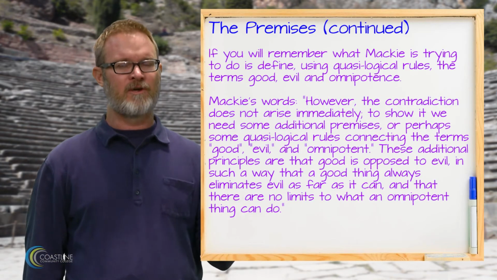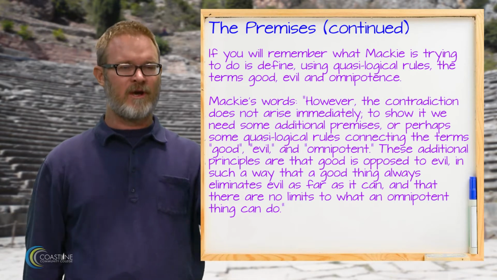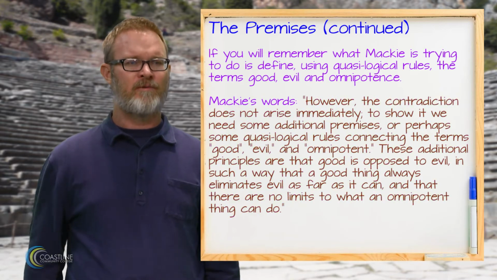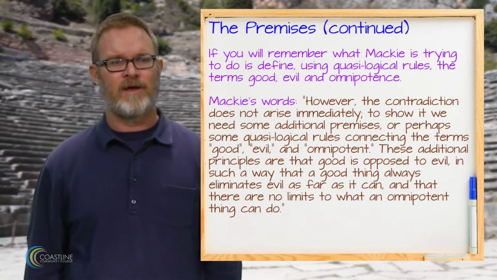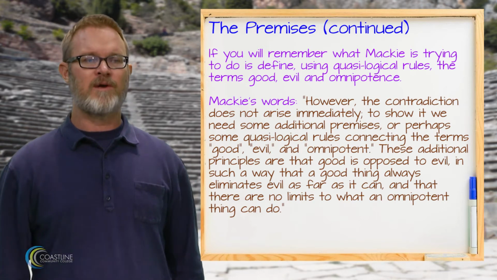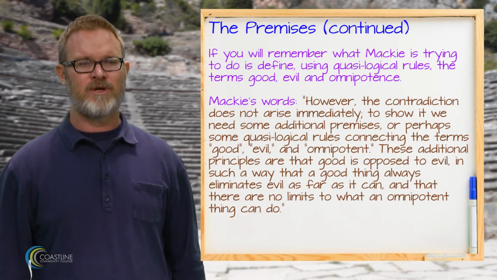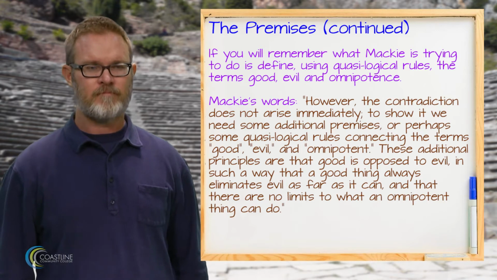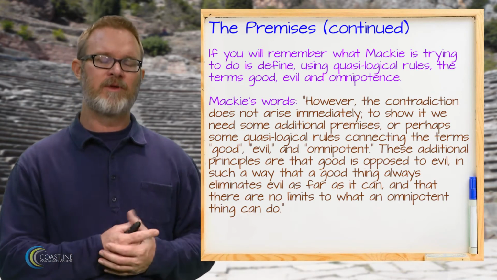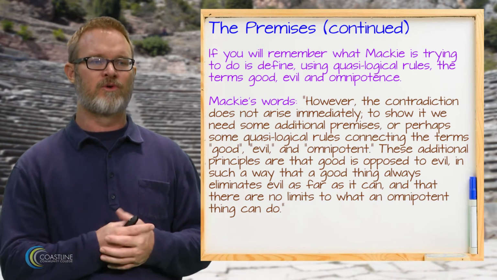The next place we might look in the passage, just following along with the passage, we can see that Mackey then goes on to say, however, the contradiction does not arise immediately. To show it, we need some additional premises or perhaps some quasi-logical rules connecting the terms good, evil, and omnipotent. So you might think straight away when you read that, well, maybe what goes in the argument next is these quasi-logical rules.